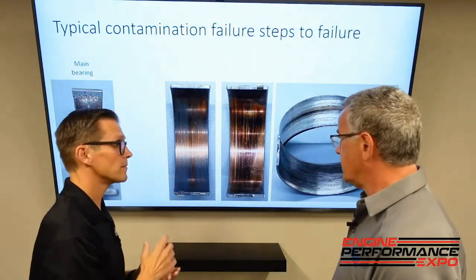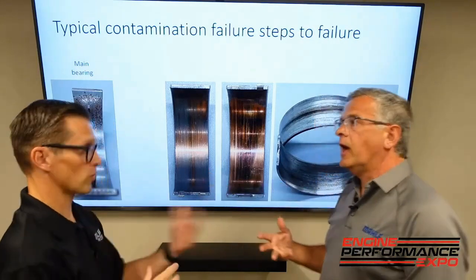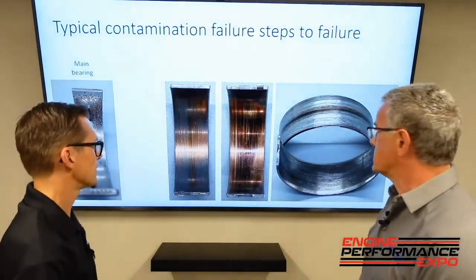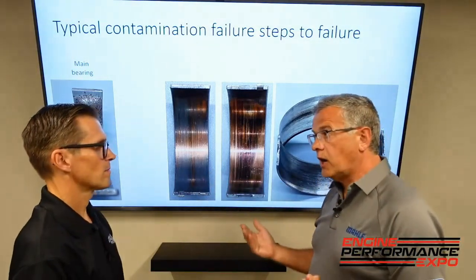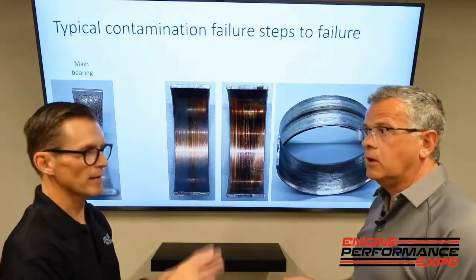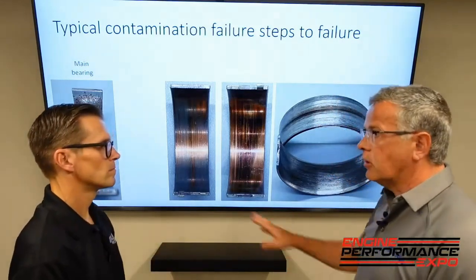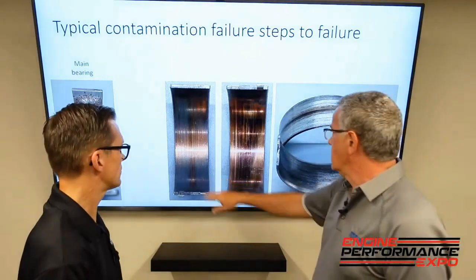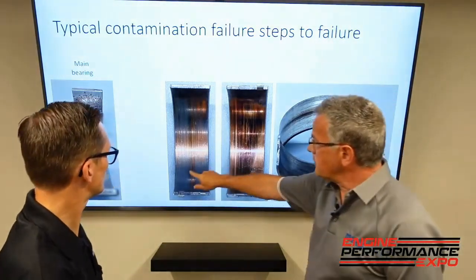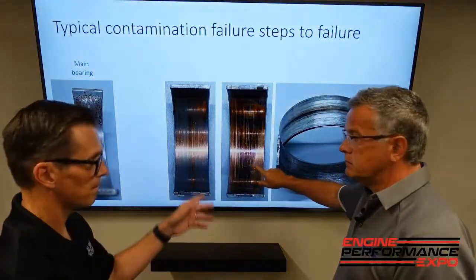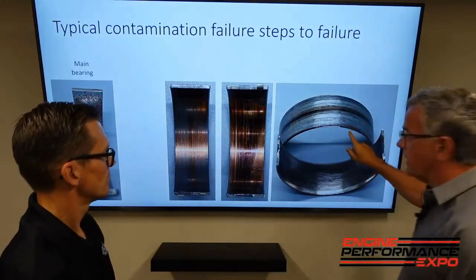Copper tin lead is typical of a street bearing, unless you get into really high performance, then it's lead indium. But for today, we're going to go with the copper tin lead overlay. Some on there, it's gone. Here it's really gone.